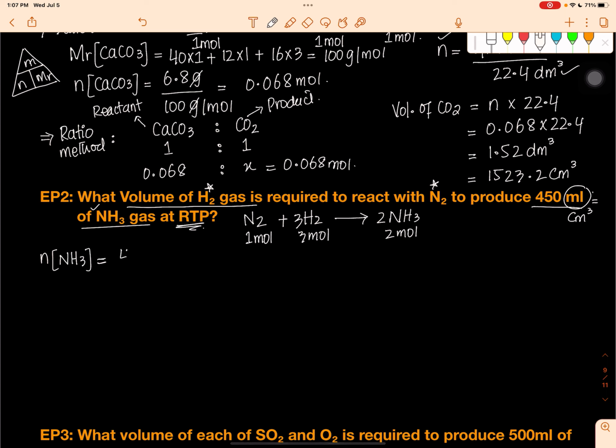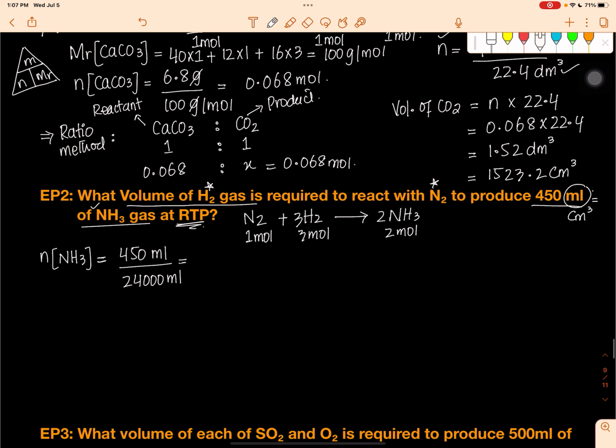So given volume is 450 ml divided by 24,000 ml. 450 divided by 24,000, and we get 0.0188 moles.